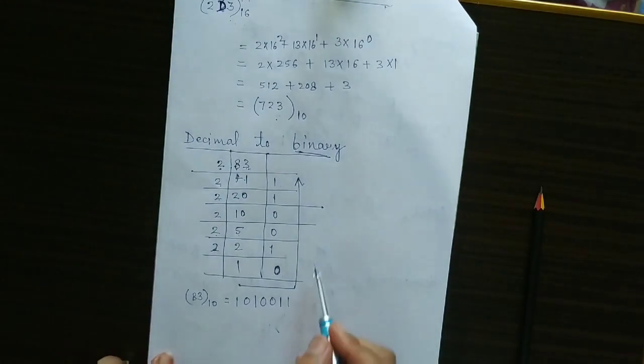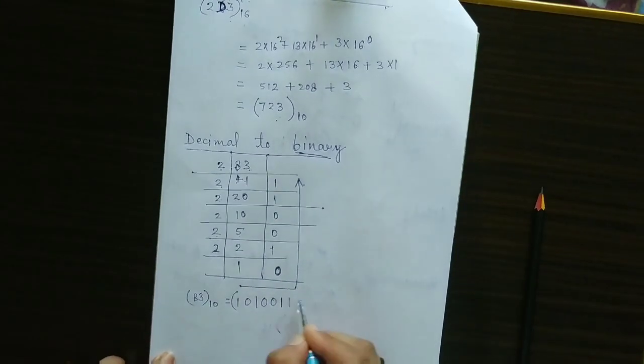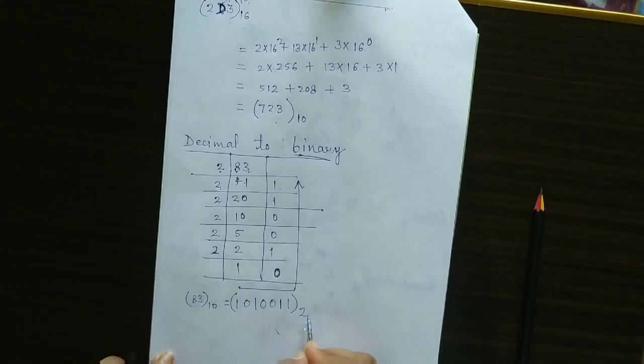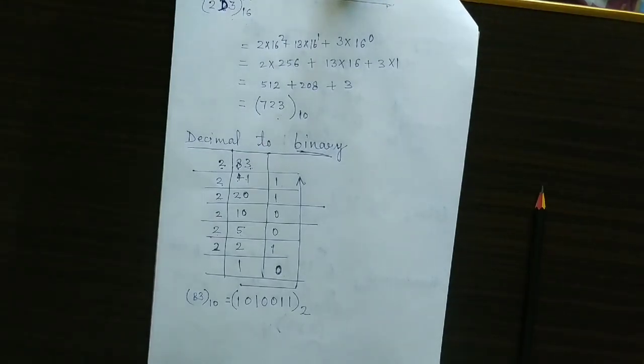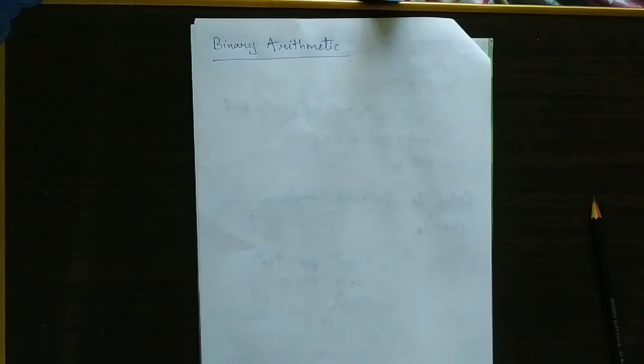Means you have to write it upward. And base 2. So this is how you convert a decimal number into a binary number.